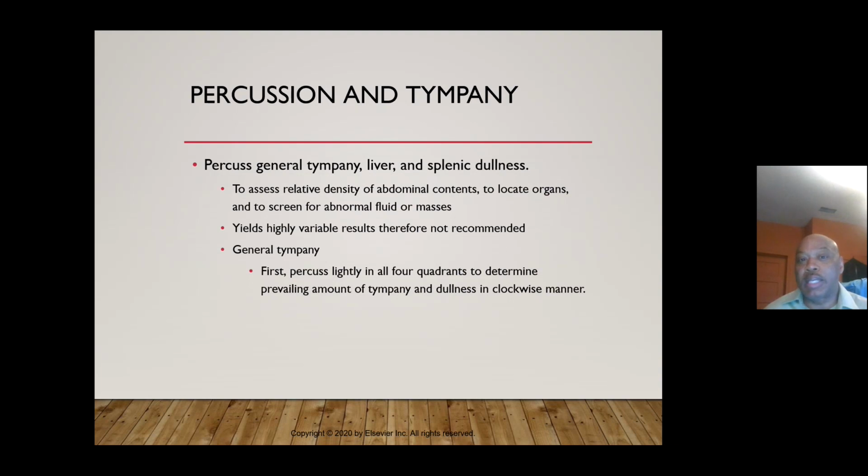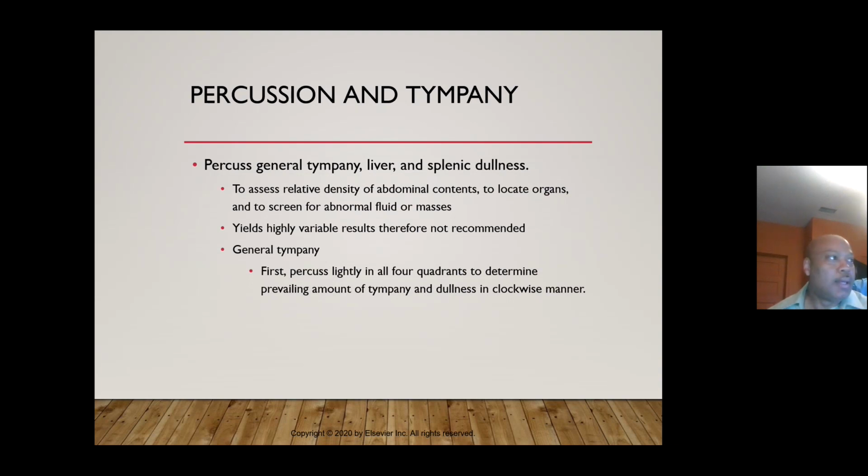But sometimes you may do an initial percussion just to see if the bladder gives you a dull sound, and that can tell you if the bladder is full. Hopefully you are in a facility that does use a bladder scan, a pretty common device, by the way.